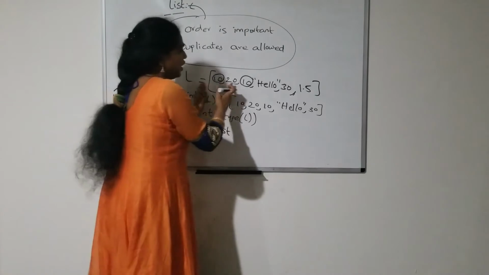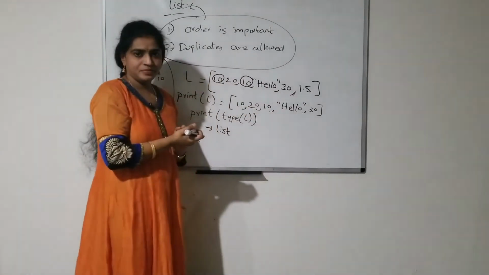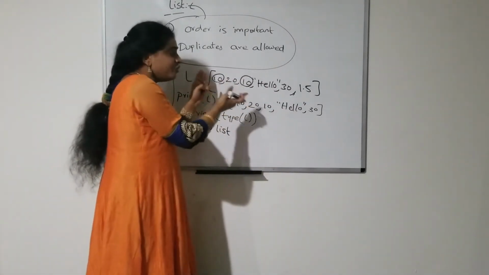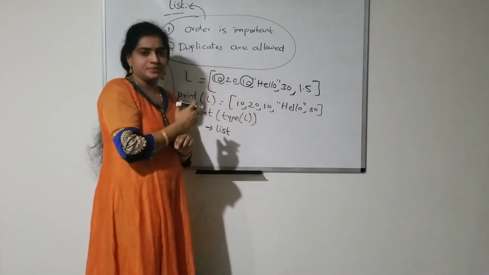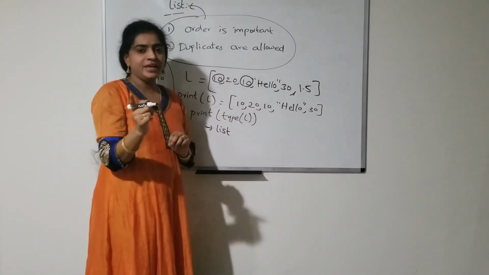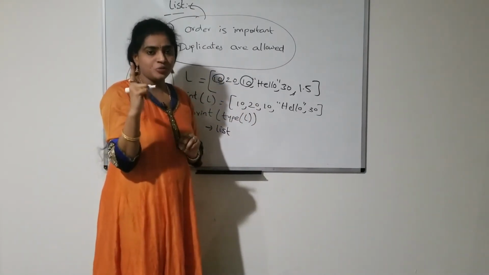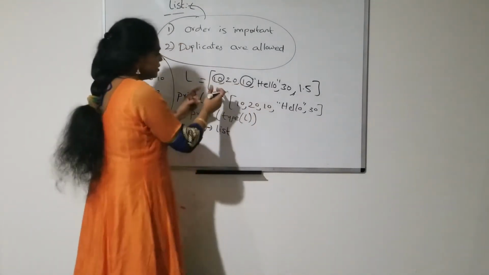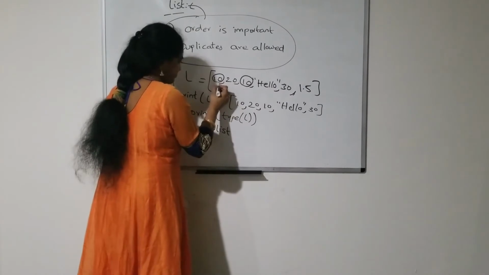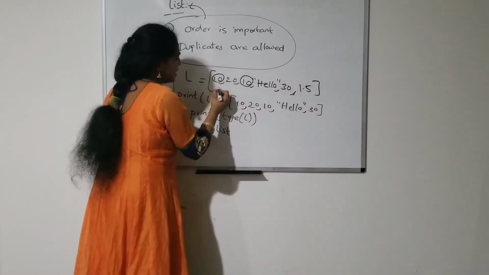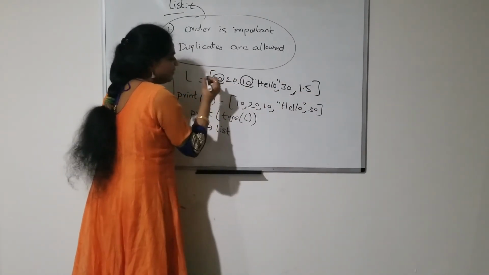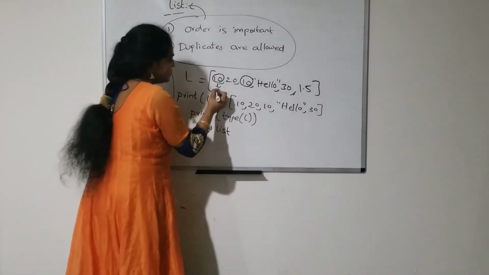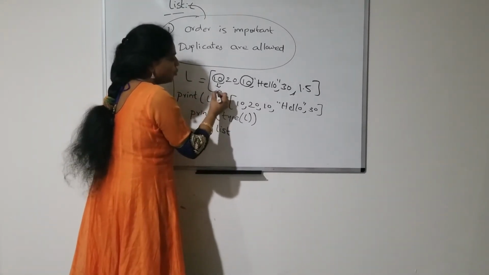So if you are taking a list and you want to access it, then you have to go for indexing. These are my list elements, and for a list the index values always start from 0 to n minus 1.